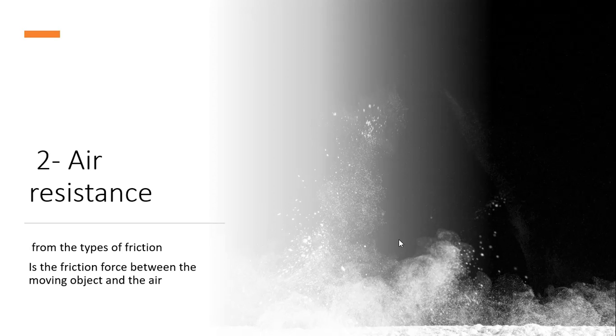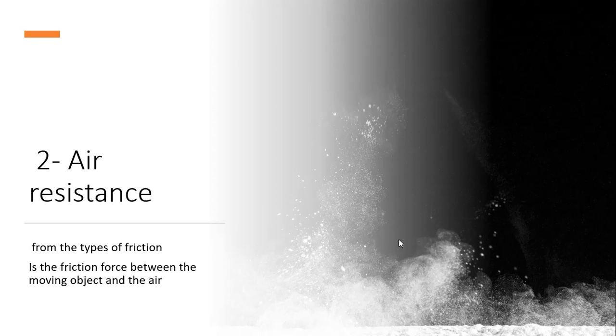Now, what makes air resistance a friction force? Whenever you are moving in a certain direction, for example, you are driving a car, you find that your body and the car as well are coming in contact with the air particles. Because these air particles are rubbing against the body of the car and your body as well, we call it a friction force.